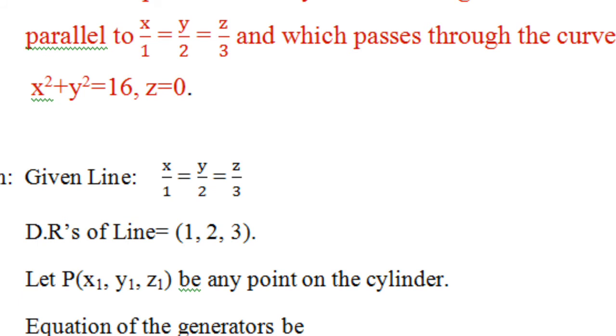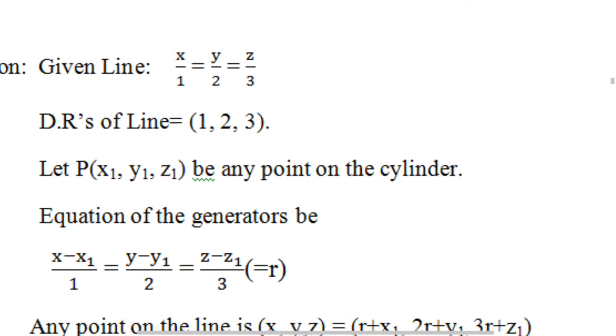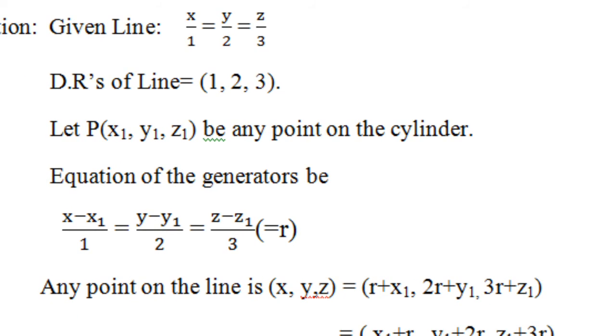Then the equation of the generator passing through the point x1, y1, z1 is (x minus x1) by 1 is equal to (y minus y1) by 2 is equal to (z minus z1) by 3. After this, take any point on the line: x, y, z, where each fraction is equal to r. (x minus x1) by 1 is equal to r, (y minus y1) by 2 is equal to r, (z minus z1) by 3 is equal to r. You will get the point like this.